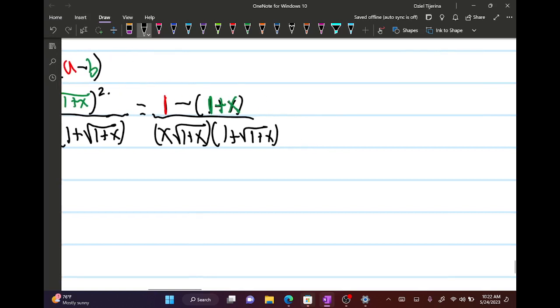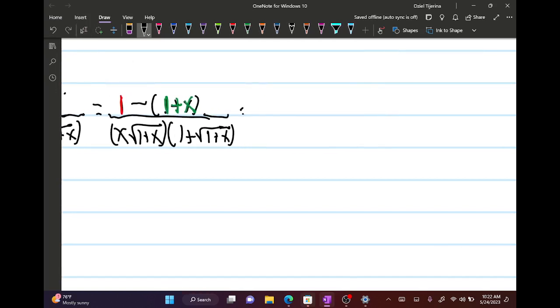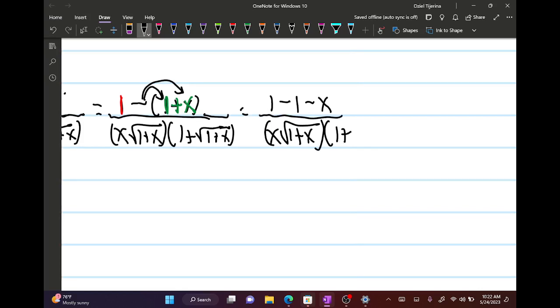Okay, now this part just becomes 1 minus 1, so we're going to distribute this, minus x over x square root of 1 plus x times 1 plus the square root of 1 plus x.